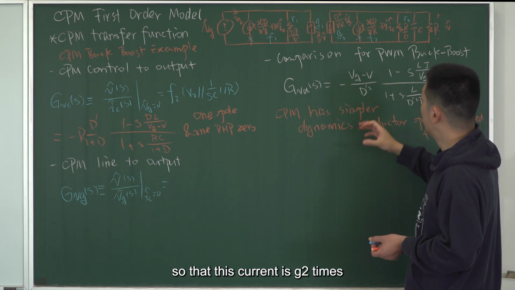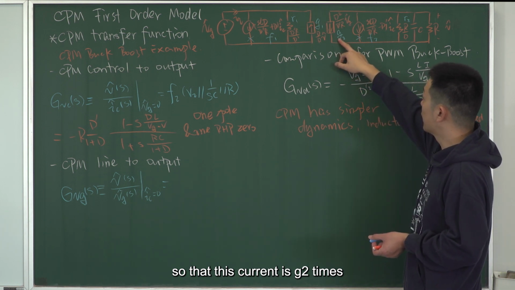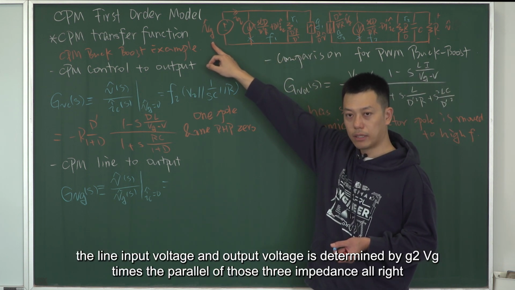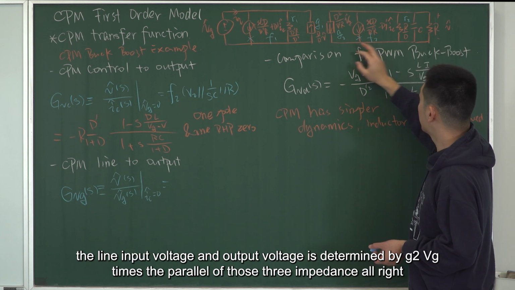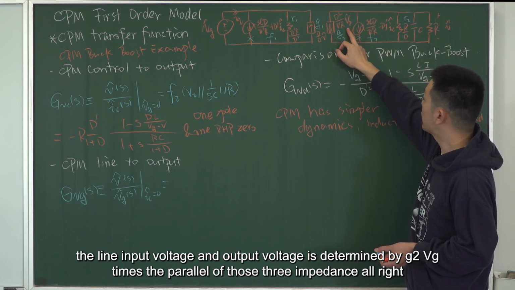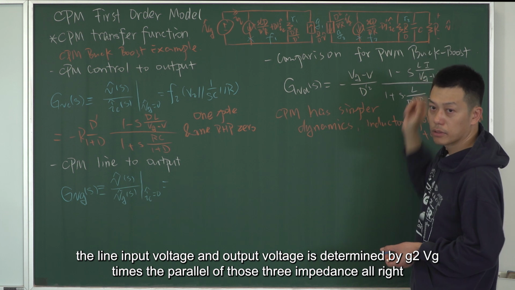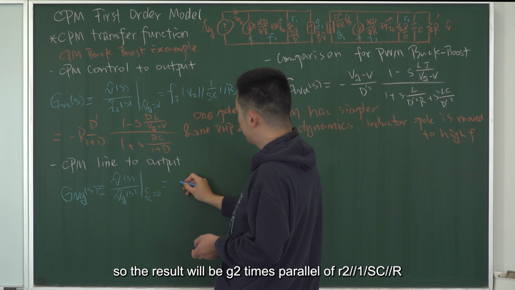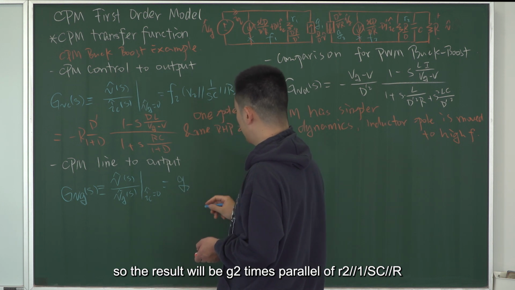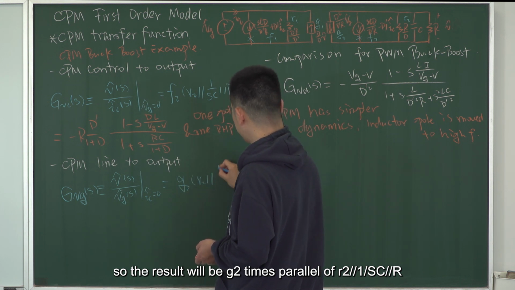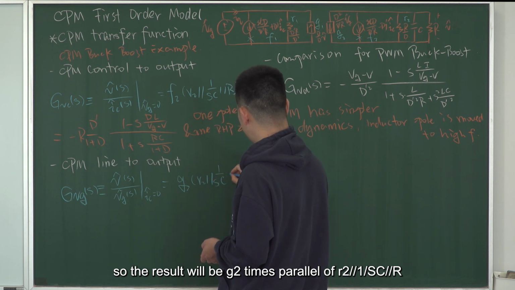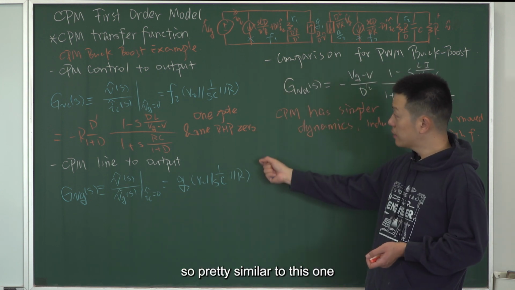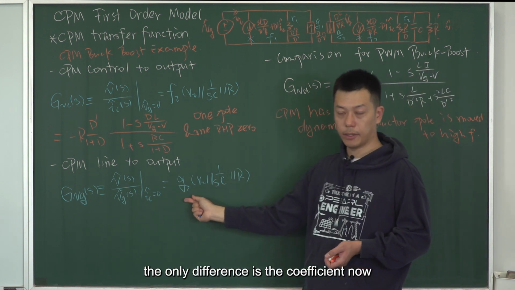This current is G2 times the line input voltage. The output voltage is determined by G2 Vg times the parallel of those three impedances. So the result will be G2 times the parallel of R2, 1 over SC, and R. It is pretty similar to the previous one; the only difference is the coefficients.